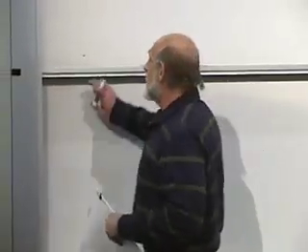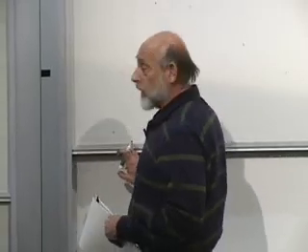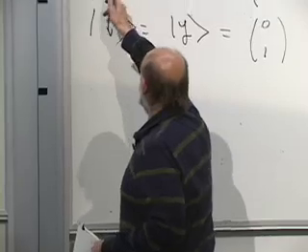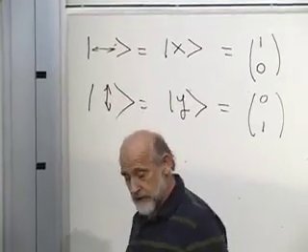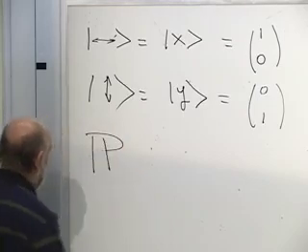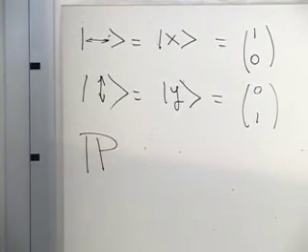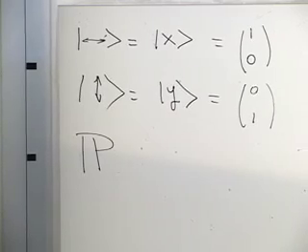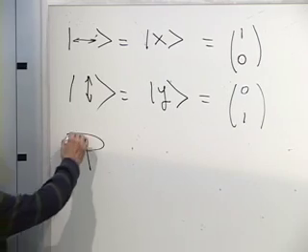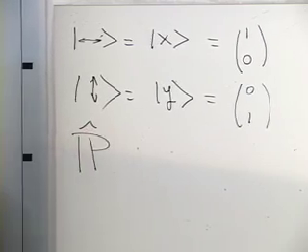Let's define an observable quantity by the following rule. If the photon is horizontally polarized, we're going to write this funny P here represents polarization, and it's going to represent an operator. It's our operator which will represent the polarization of the photon.